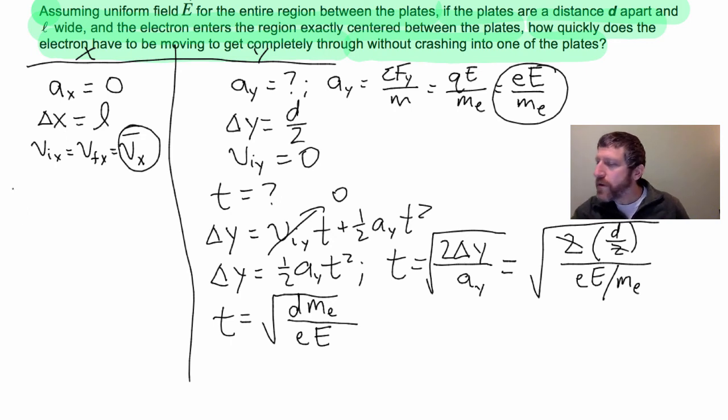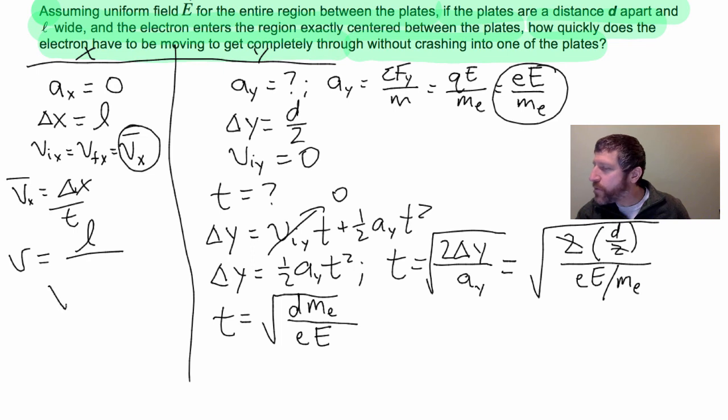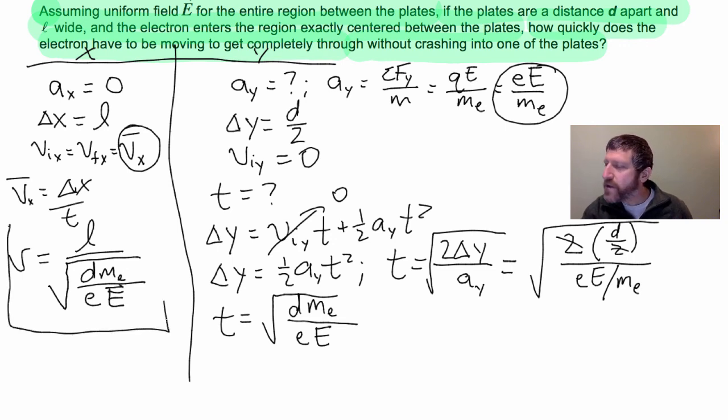So all I need over here, v bar x, is just L, the delta x, over t, and that's just equal to, our final result, L over our time, which is the square root of d times m e, mass of the electron, over the elementary charge times the electric field strength. And that's it. This is how fast our electron's got to be moving to make it through without hitting one of the plates. And it will hit the top one if it does.